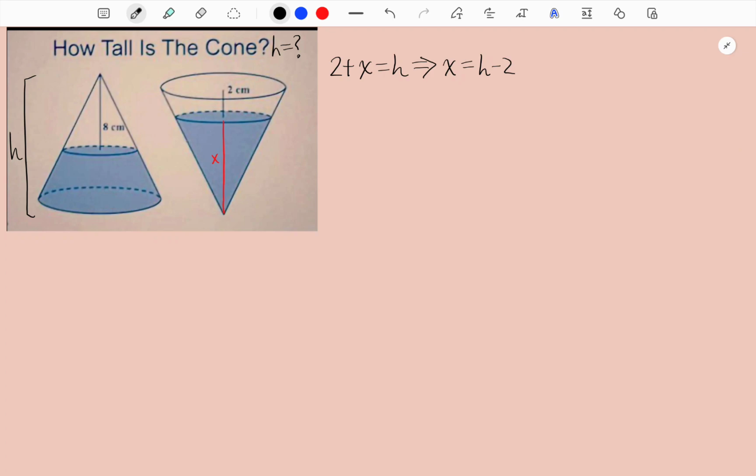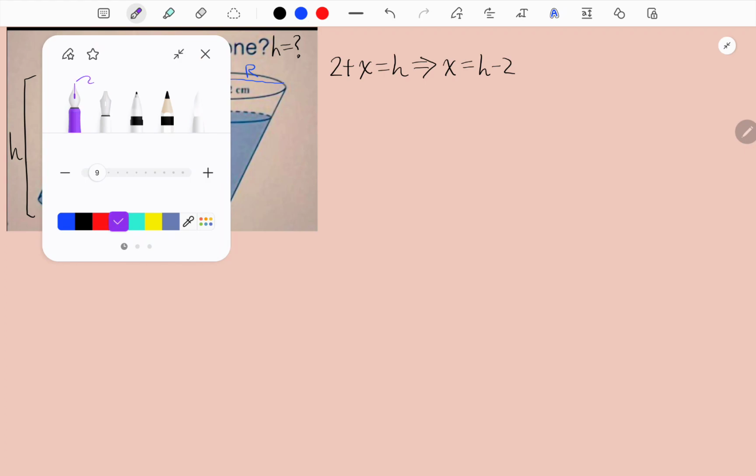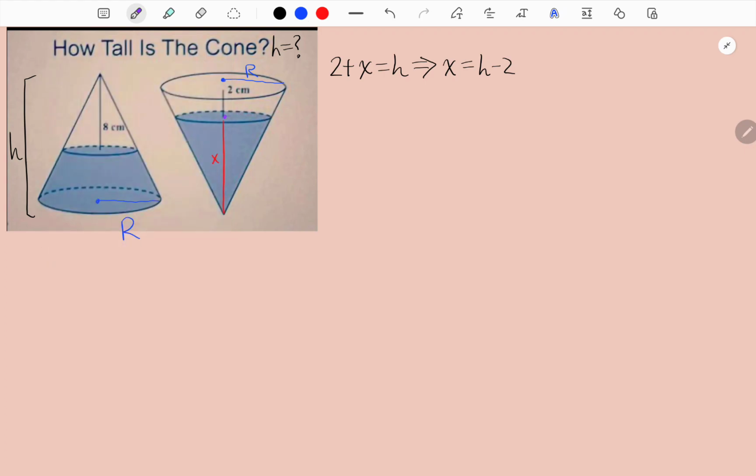I'm going to use some common ratios here. I'm going to label the radius of the base of the cone, which is a circle, as radius R. I'm going to call the radius of the blue cone little r, and the radius of this cone with height 8 little s.